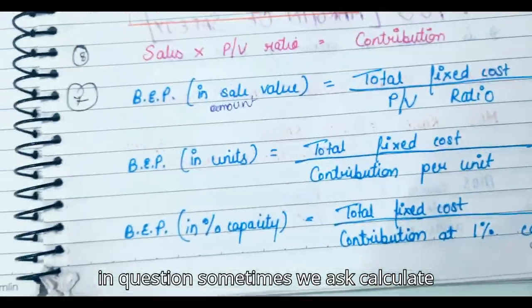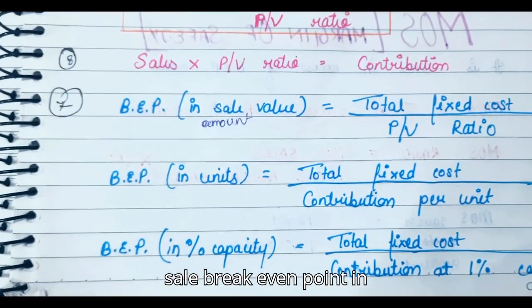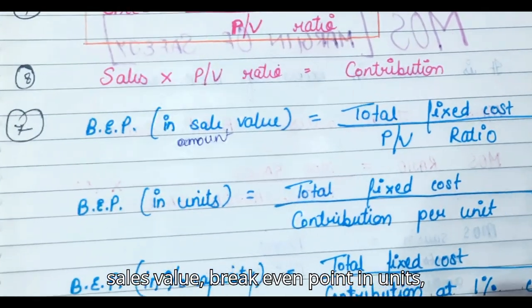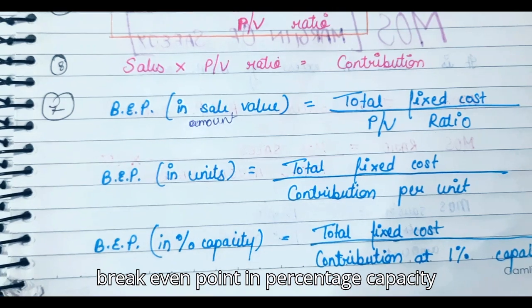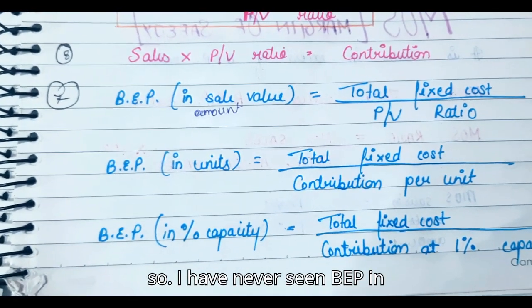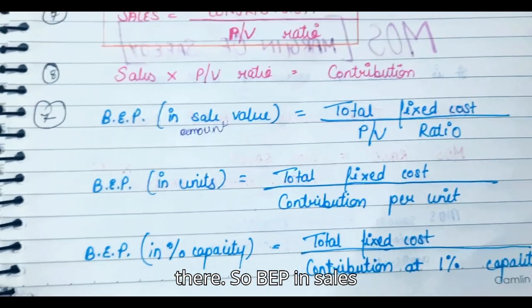Now, in questions, sometimes they ask to calculate break-even point in sales value, break-even point in units, break-even point in percentage capacity. I have never seen BEP in percentage capacity, but this formula is there.